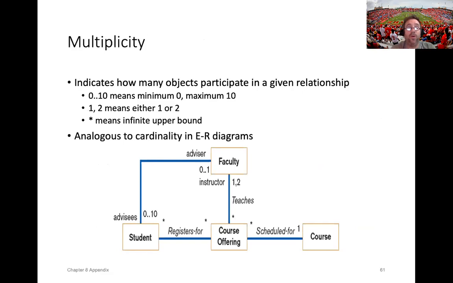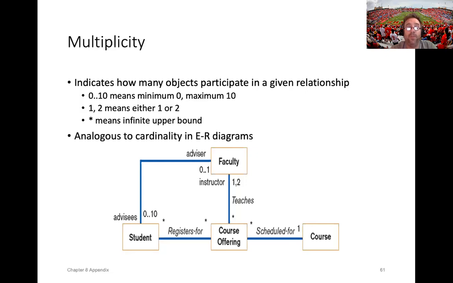Within the object class world, we have very similar rules to our cardinality seen within our entity type world, but slightly different versions. So multiplicity in this world, cardinality in the other. Multiplicity indicates how many objects participate in a given relationship. So instead of a minimum of 0 and a maximum of many, we would have 0..10, which means a minimum of 0 and a maximum of 10. 1..2 means either 1 or 2.